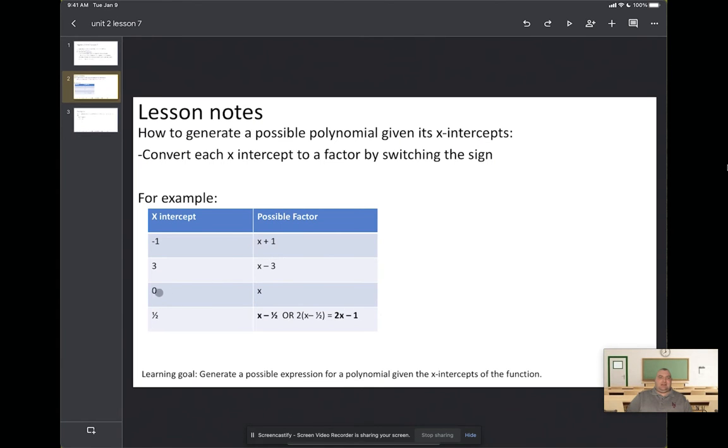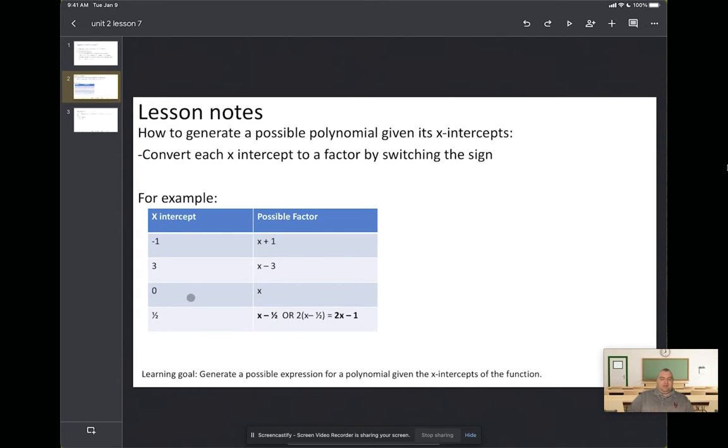If my x-intercept were simply 0, then my factor would just be x. It would be x minus 0, technically, but we don't need to write that.